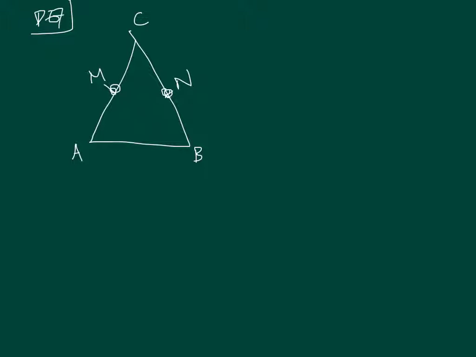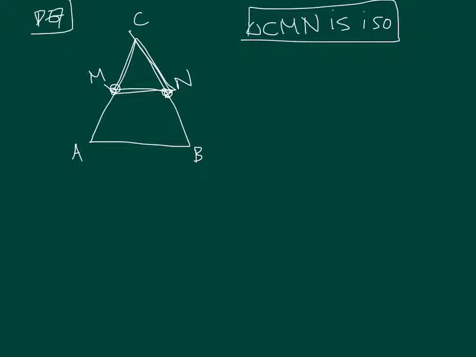Prove that triangle CMN is isosceles. So we have this. Prove that triangle CMN is isosceles should come first on the top of the reverse list, and on the bottom we should have triangle ABC is isosceles.